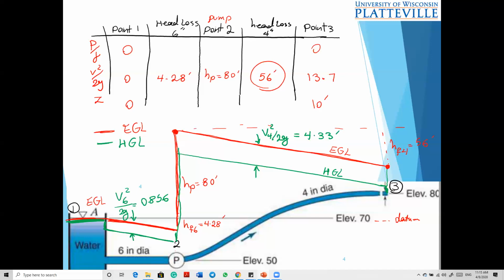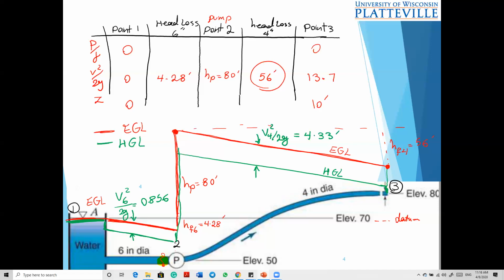All right, we're not done with this problem, because we still need to find the pressure head at the suction section of the pump. So here is the suction side, and we want to know what the pressure head is at this point. All right, what do you think? How can we find the pressure head on the suction side?